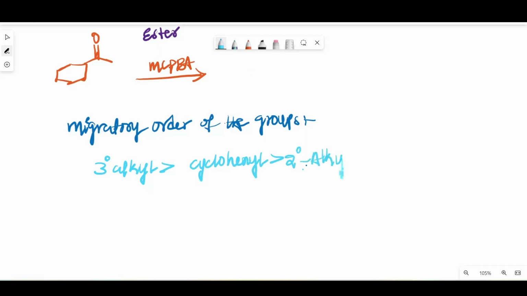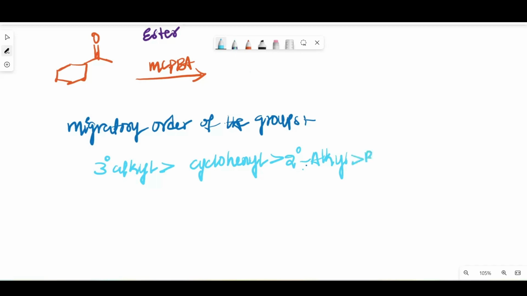This is the general order. You can do it by that concept itself: whichever is more electron rich, you can insert the oxygen in between the carbonyl carbon and that electron rich center, or else you can remember this order also for basic understanding.